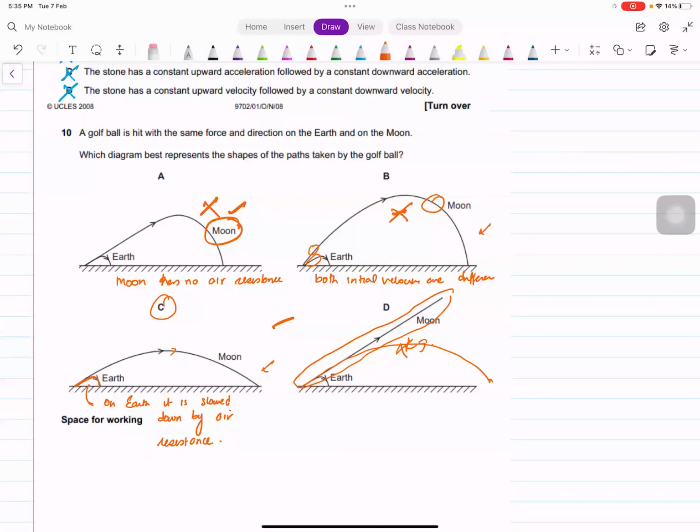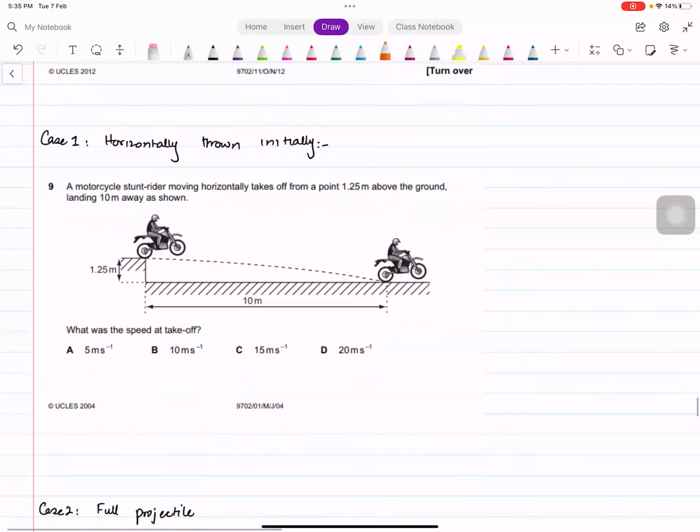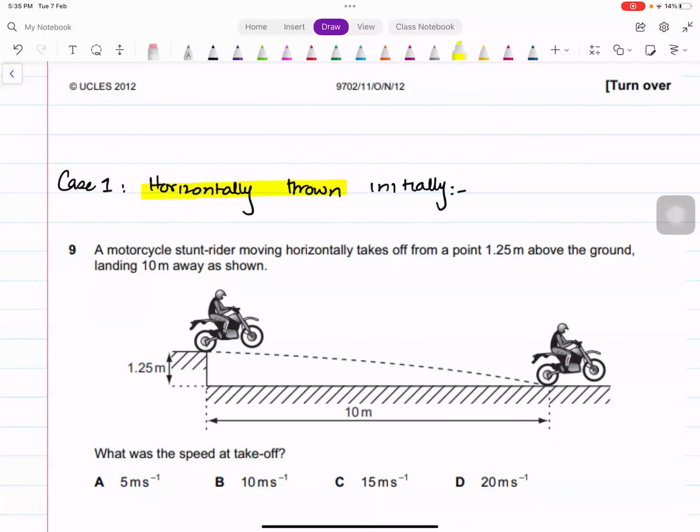Okay, now let's go to case one. I hope your concepts are clear about the basic ones. So, the first question is when something is thrown horizontally. This question will be there 70% of the time. So whenever you see this word, you should be very, very careful because there are certain things you should know.